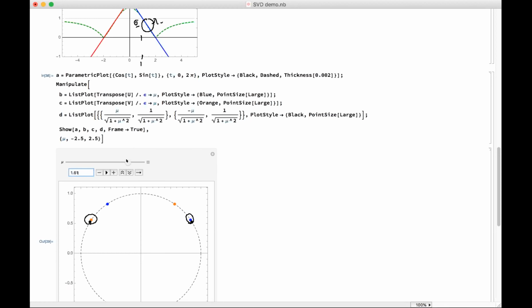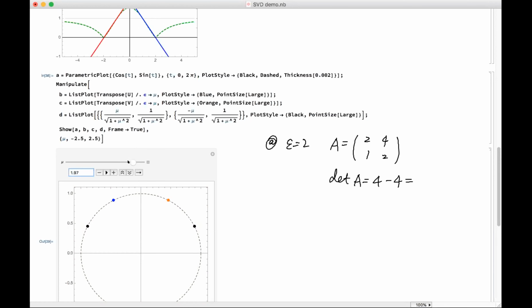And when we move to the point 2, 2 is actually a singular point, because at 2, A is [2, 4; 1, 2]. You calculate the determinant: this is 4 minus 4, which is 0.